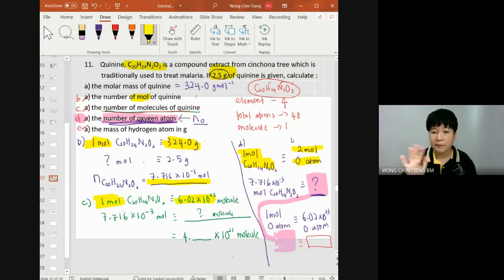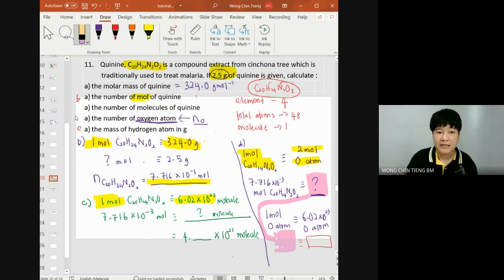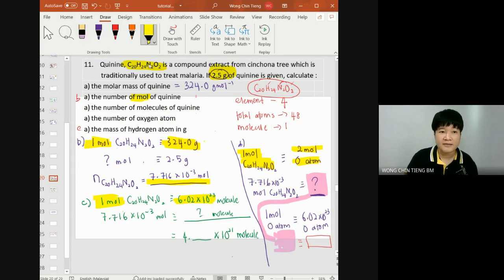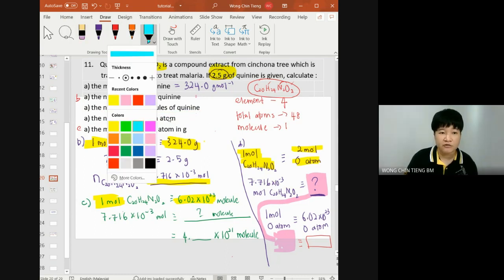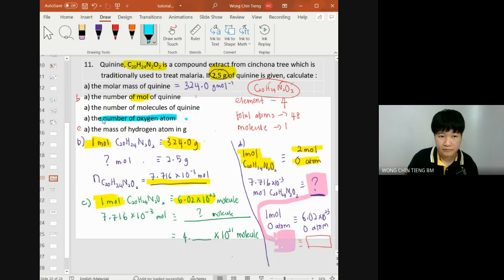Tak payah fikir merapu-rapu, tak payah fikir panjang-panjang. Always go back to the question. Soalan nak apa? Soalan bagi apa? Soalan sekarang nak number of oxygen atom. So kalau nak number of oxygen atom, I know we definitely use Avogadro constant. Sebab apa?